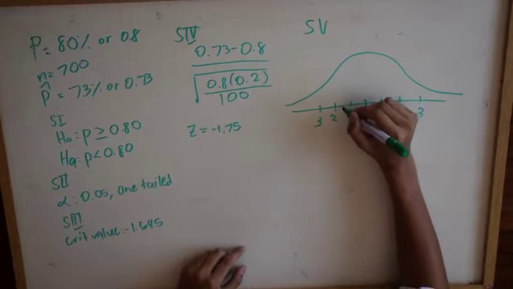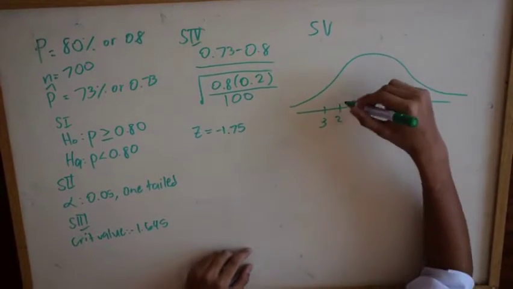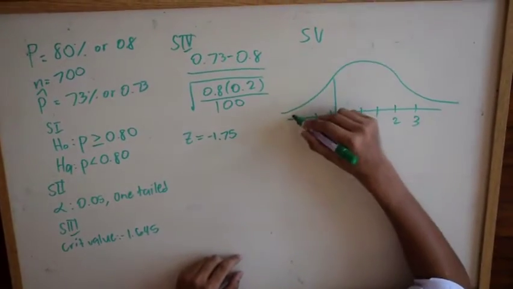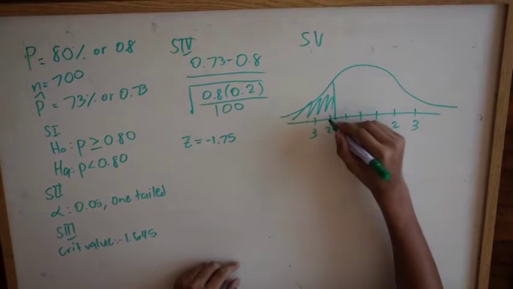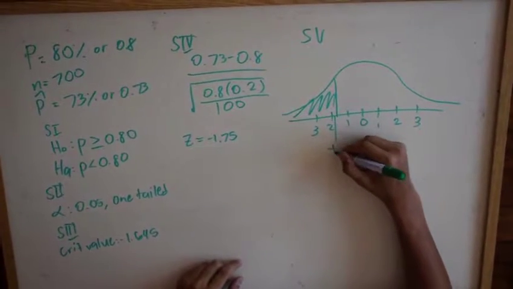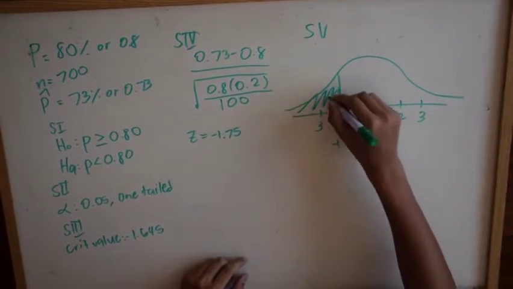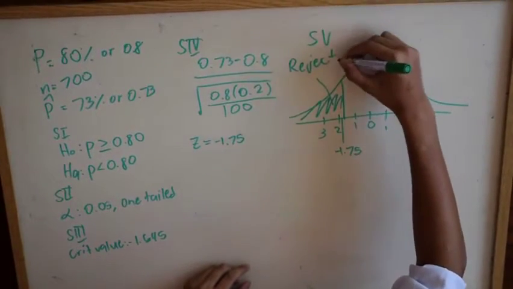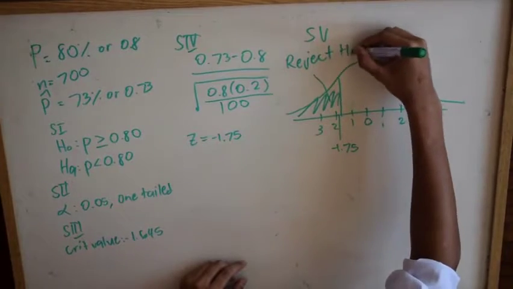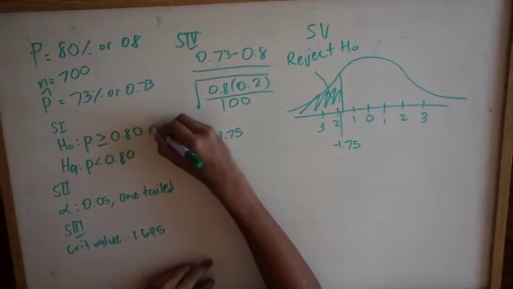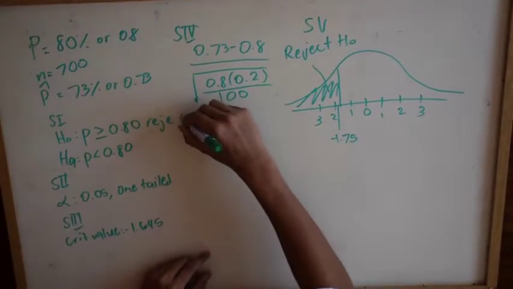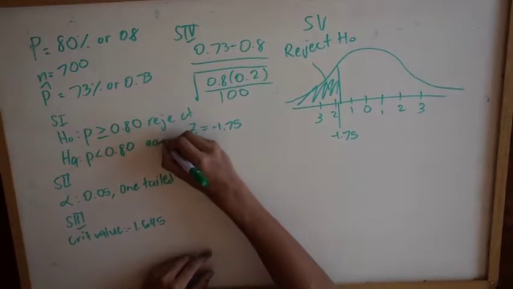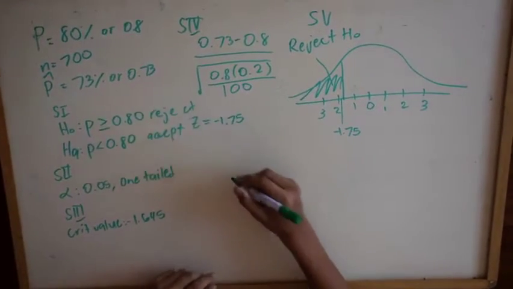As you can see, the critical value is set at negative 1.645, which is right there. And our answer at negative 1.75 is within the rejection area, thus we have to reject H0. So we reject the H0 and then accept HA.